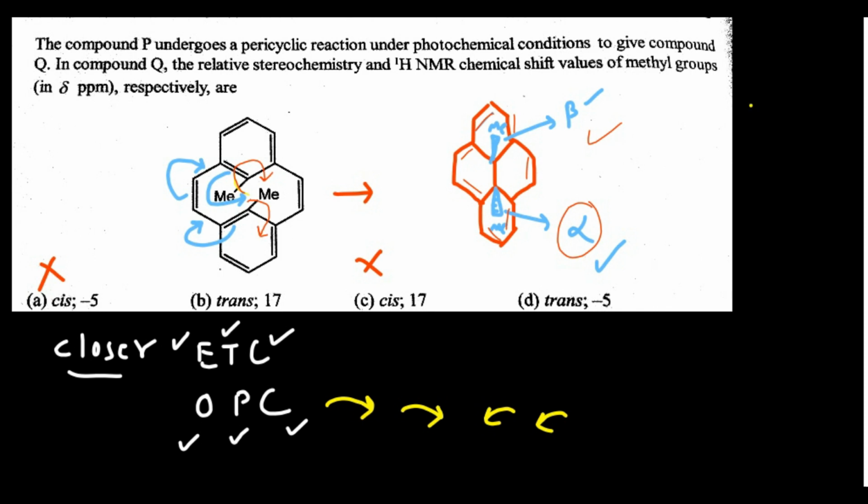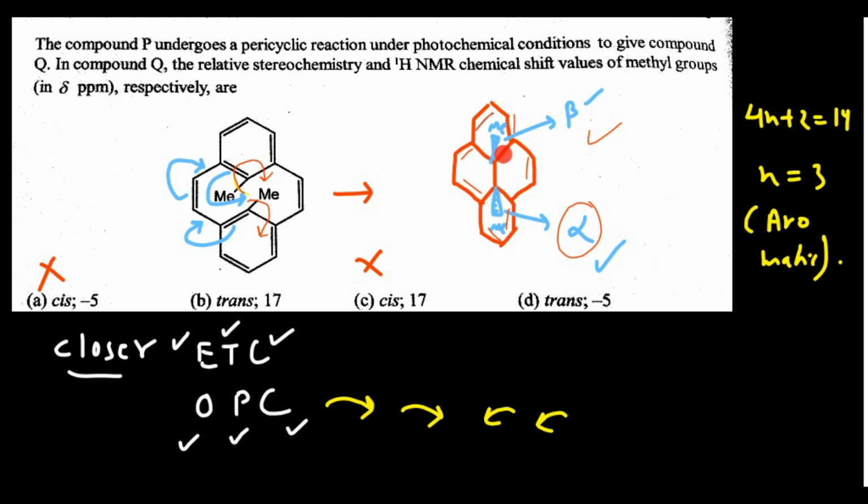That means 4n plus 2 equals 14. Okay, so n equals 3. It is following this condition, that means it is aromatic. This compound is aromatic. Okay, and I told you in the aromatic compound, the region which is inside the ring is very highly shielded region, and these two methyls are lying in the shielded region.